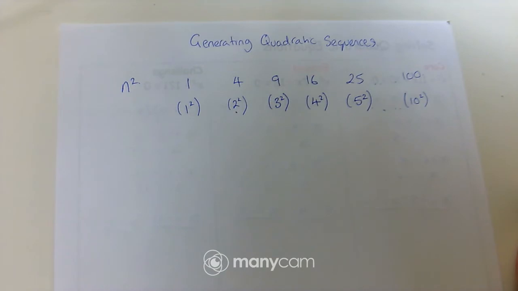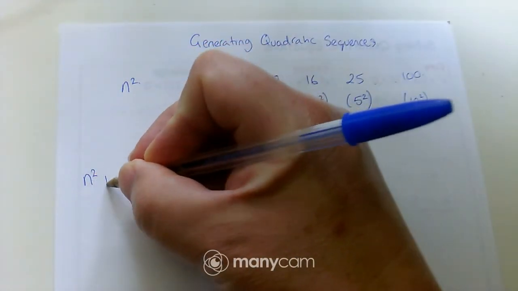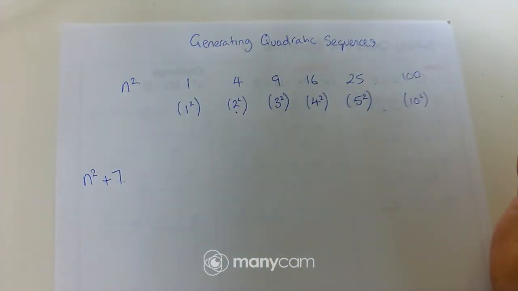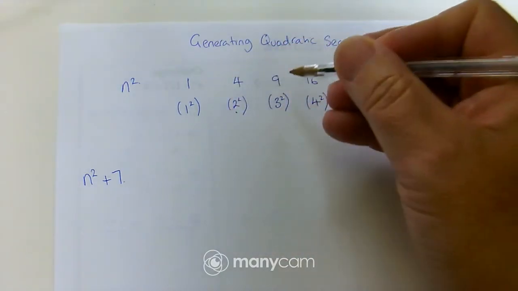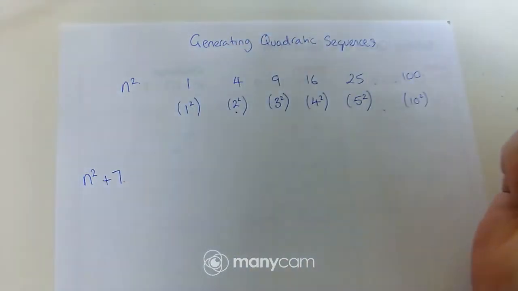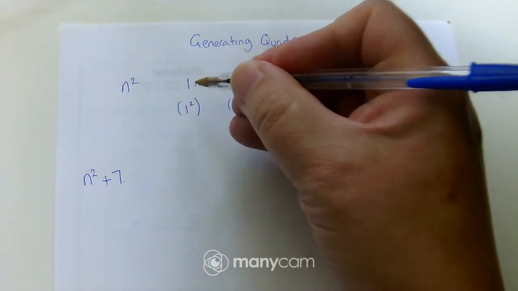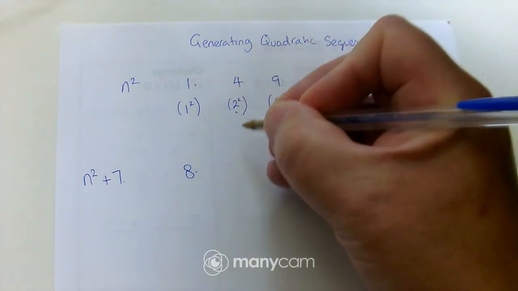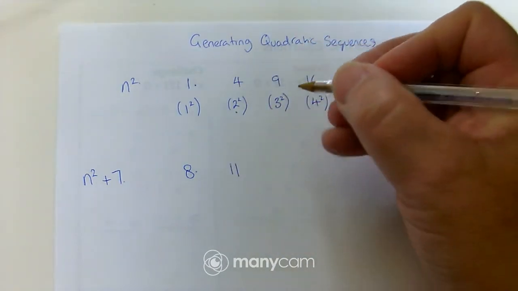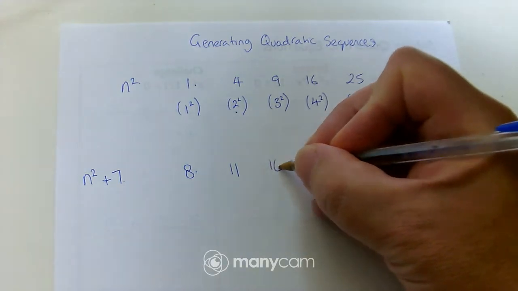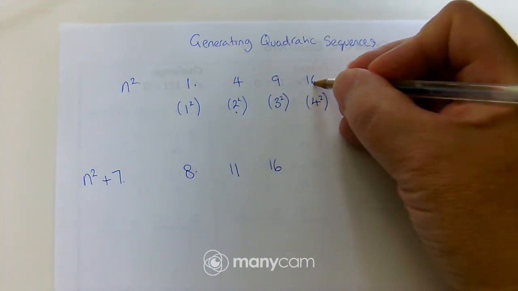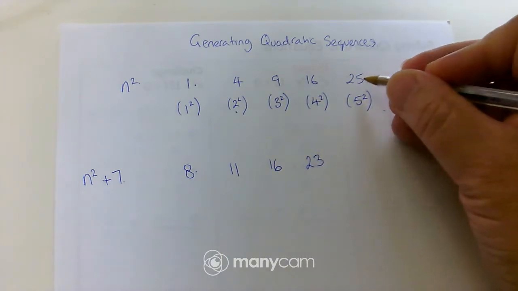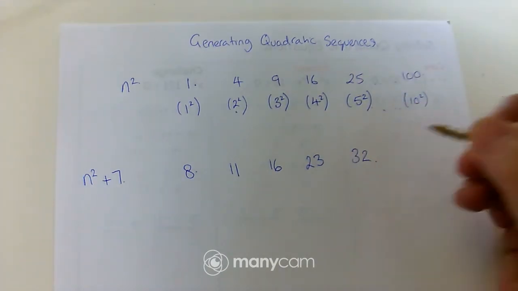Generating quadratic sequences is then basically built from the n squared sequence. So if I want to do n squared plus 7, I'd look at each term in the n squared sequence, and for the first 5 terms in this one, all I would do is 1 plus 7, which is 8, 4 plus 7, which is 11, 9 plus 7, which is 16, 16 plus 7, which is 23, and 25 plus 7, which is 32.